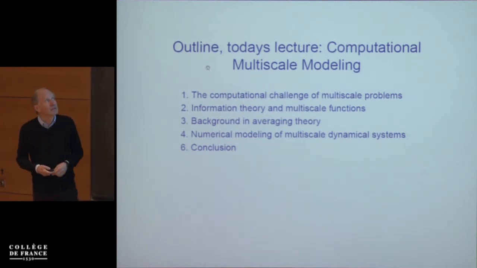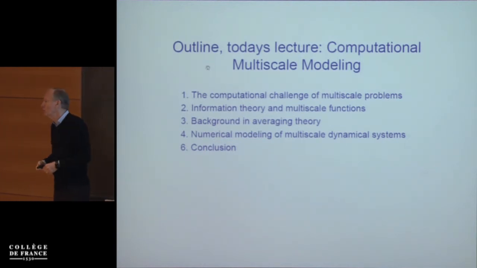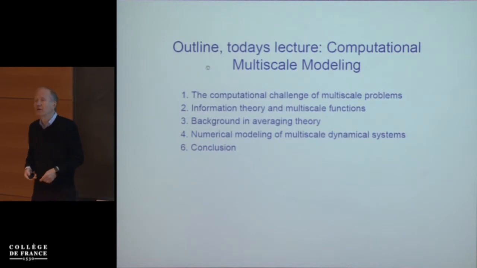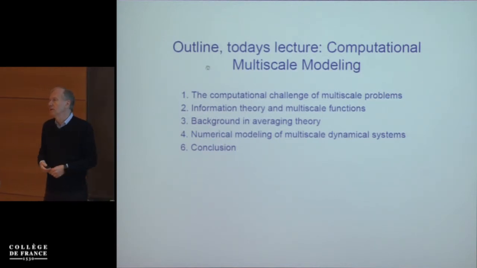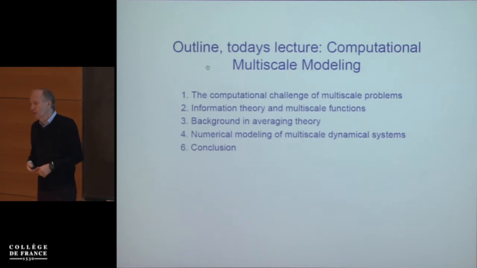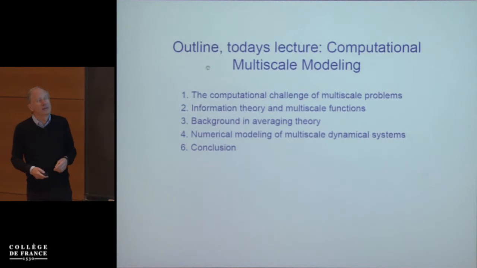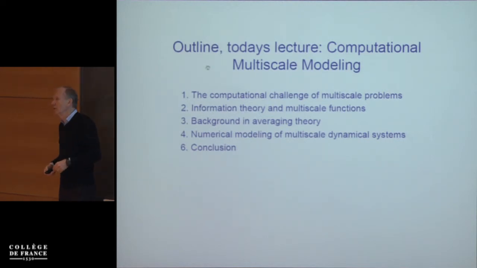One is based in information theory and how you can represent multiscale functions, and the other is one of many theories in mathematics that takes us from a problem with many scales into one with fewer scales, like homogenization. Here we'll use averaging in a simple way, and then we'll see how to build a numerical method on top of that.